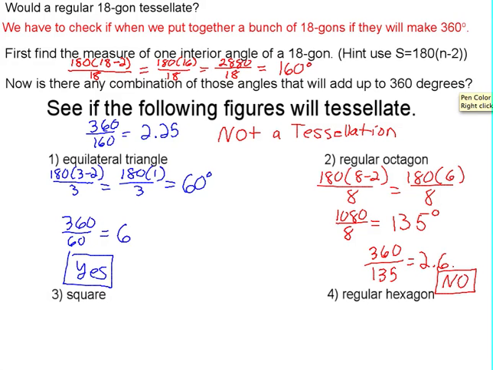Okay, so square. How many degrees are in one angle of a square? Should be 90. 90 divides into 360 4 times. So that's a nice even number, so yes, it does tessellate. Regular hexagon. Figure out how many degrees are in one angle.